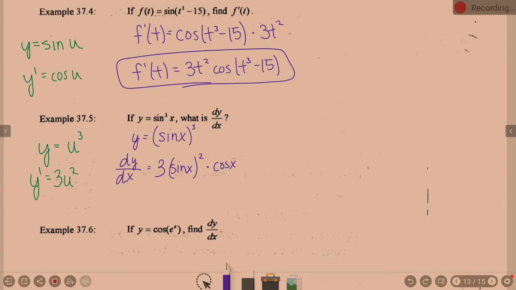Okay? So derivative of something to the third is 3 something to the second times the derivative of something, which is cosine x.